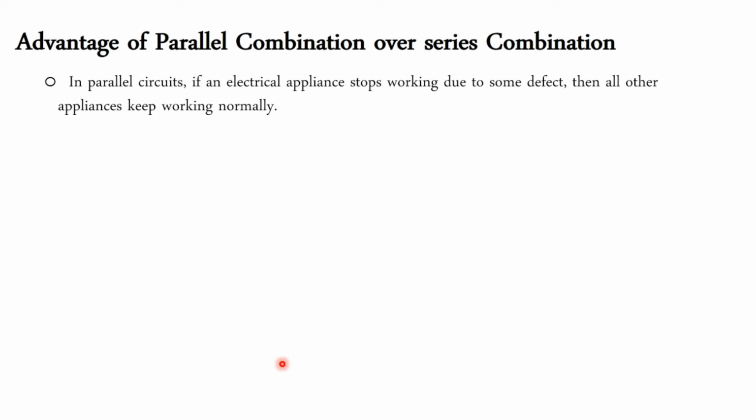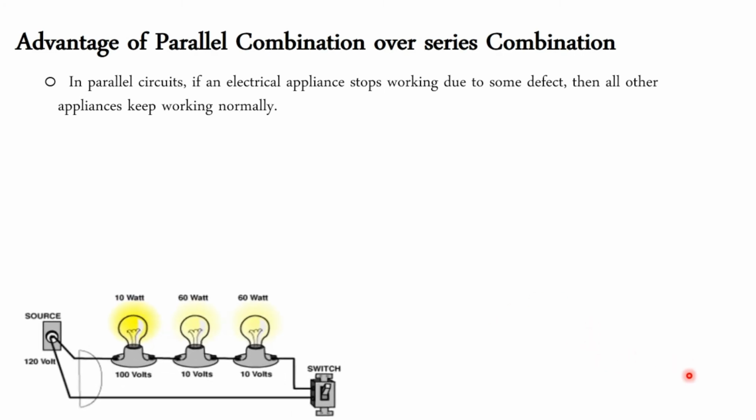While in series combination, suppose 3 bulbs are there, and if one bulb stops working, or we can say its filament is fused, then the other 2 bulbs will also not work. So this is the disadvantage of the series combination. If one appliance fails to work, the others will also stop working, while this will not happen in the parallel combination.